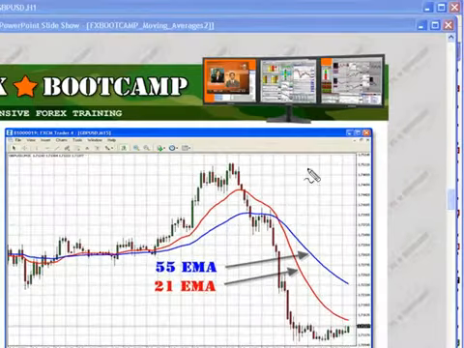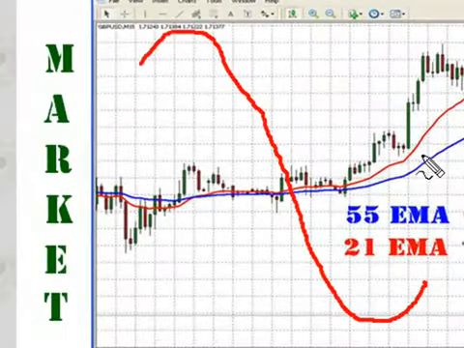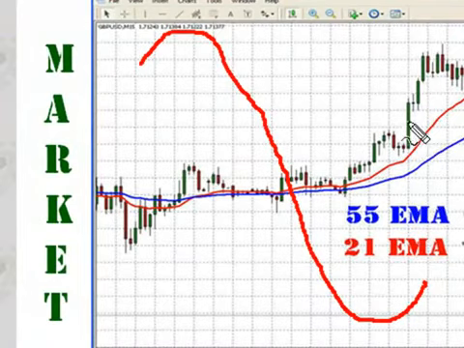Now, how many times have you seen the market fall, like in this example? Let's say somebody asks you, hey, how did trading go? And you said, well, the dollar fell today.